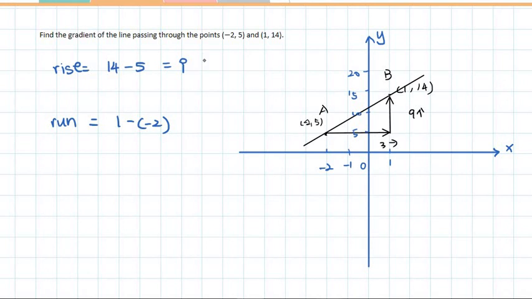If we have a positive number, it means it's traveling that many units up. But if we have a negative number, it means it traveled that many units downwards. The negative units indicate a different direction. So this question will have 1 take away -2, which is equal to 3.